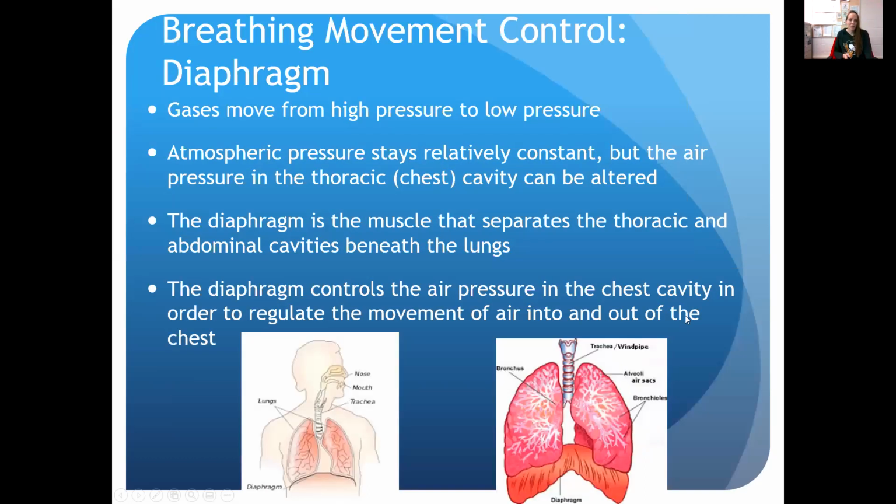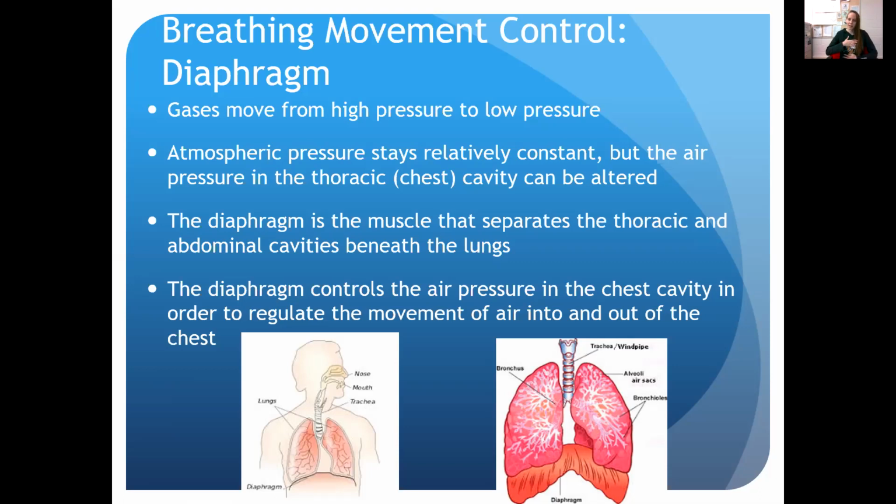So gases will also move from high to low pressure, not just high to low concentration. Atmospheric pressure stays relatively constant, but the air pressure in your thoracic cavity, which is another name for your chest cavity, can be altered. And the diaphragm is one of the things that can alter that air pressure. So the diaphragm is a muscle at the bottom of your thoracic cavity.